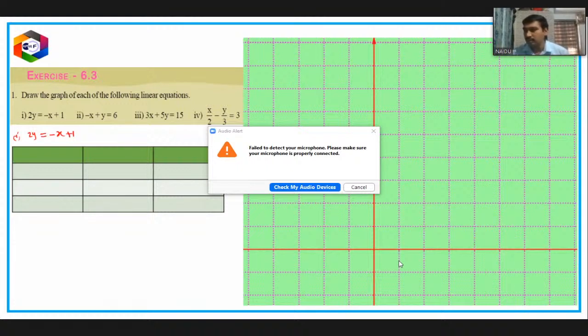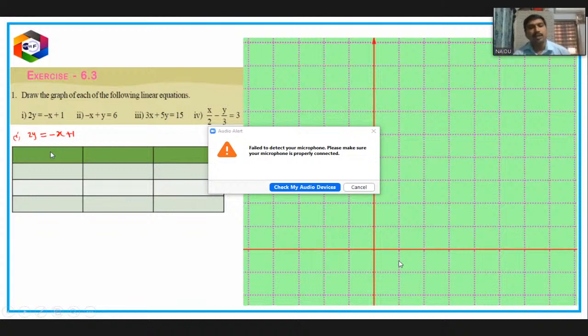Yes, so we will continue that. Here the first one is 2y is equal to minus x plus 1.